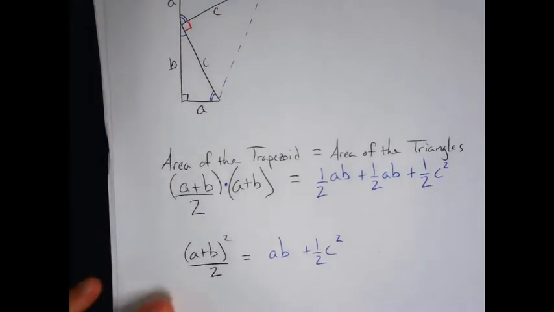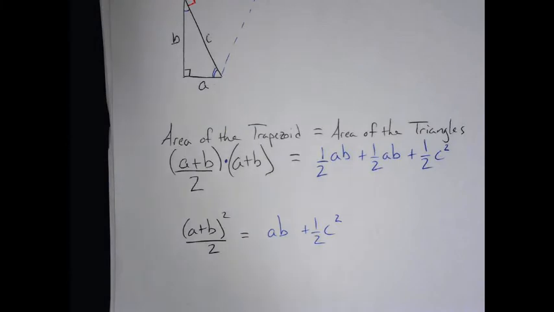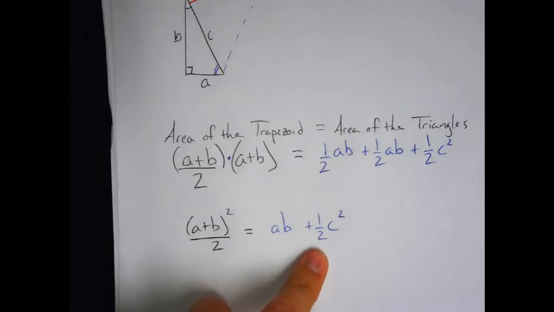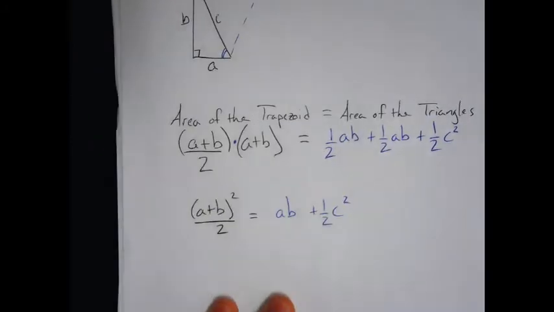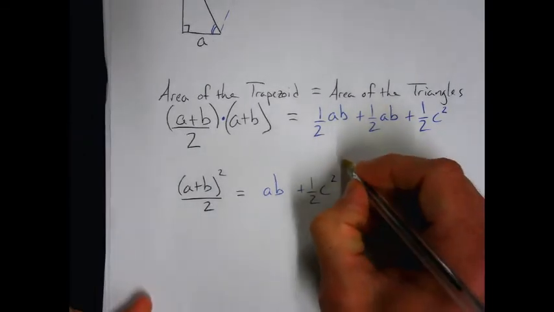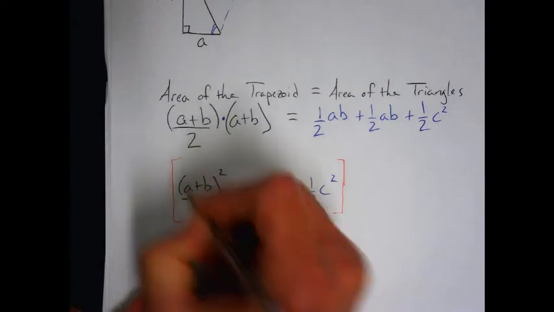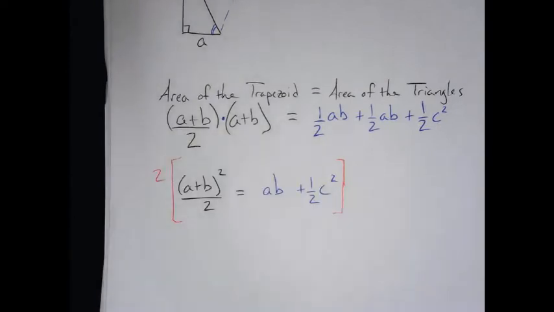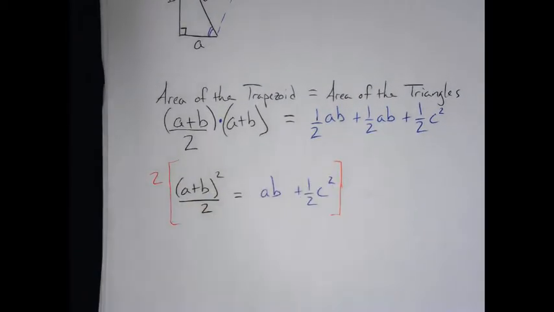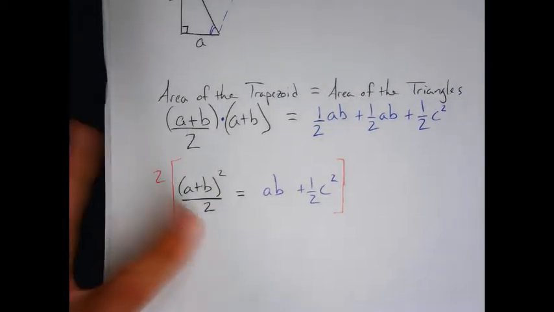We've done nothing wrong. But now we look at this, and what can we do? Well, we have a fraction here and a fraction here. I don't know if you like working with fractions and equations. I certainly don't. So we're going to multiply both sides by 2, by the denominator. If we clear the fraction, we multiply the entire thing by 2, so every piece will be multiplied by 2. What happens with those pieces that have a denominator of 2?